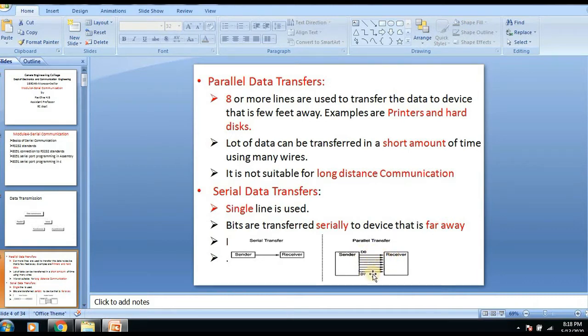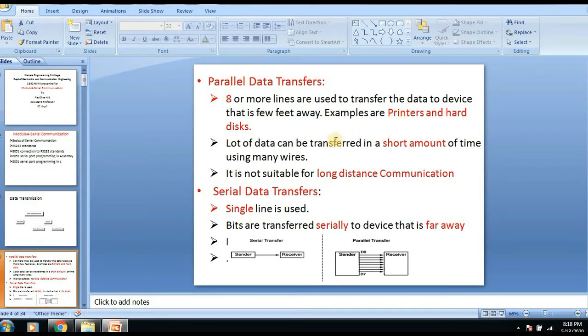So we have 8 lines between sender and receiver. As many bits as we need to transmit, we should have an equivalent number of communication lines. Examples are printers and hard disk, meaning the communication between the computer and printers or the hard disk.